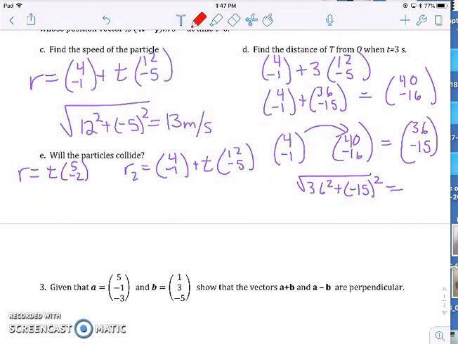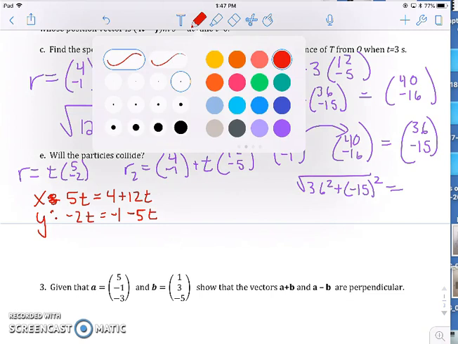Alright, so what is our x? It's 5t equals 4 plus 12t. And then our y, negative 2t equals negative 1 minus 5t. So if we solve a system, I'm going to make the t's the opposite.